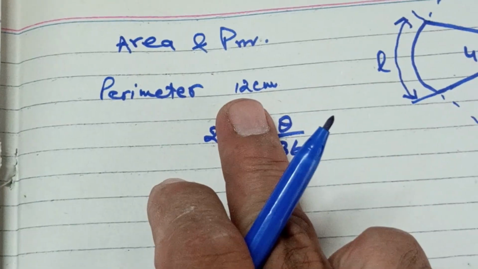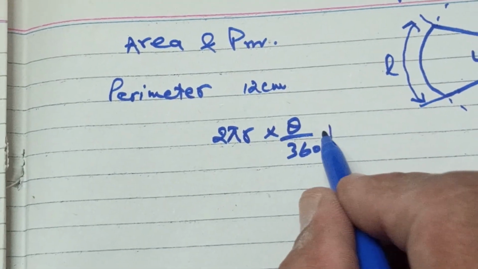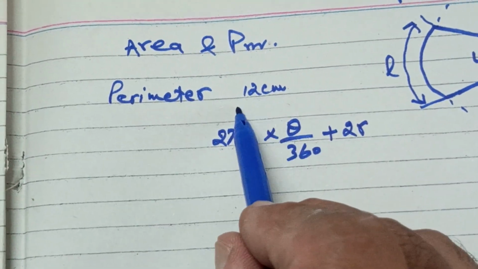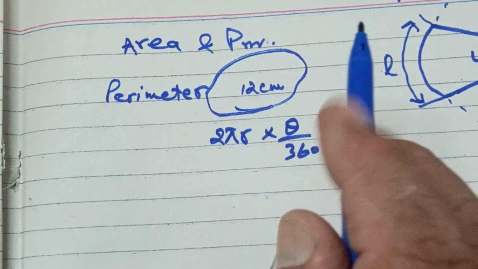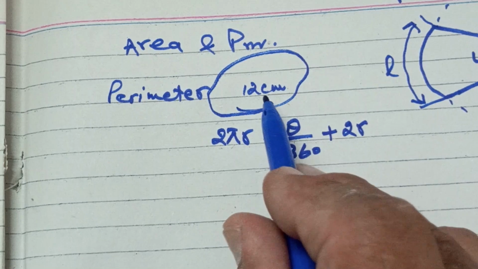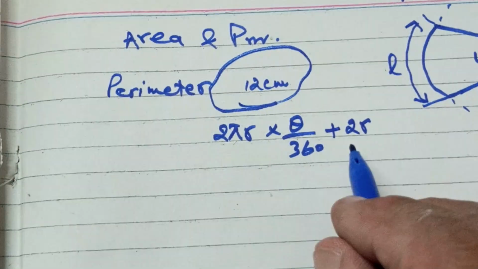So you see what we did over here. To complete this formula, we will add 2r. We have already calculated 2r over here: 6 plus 6, 12 centimeter.